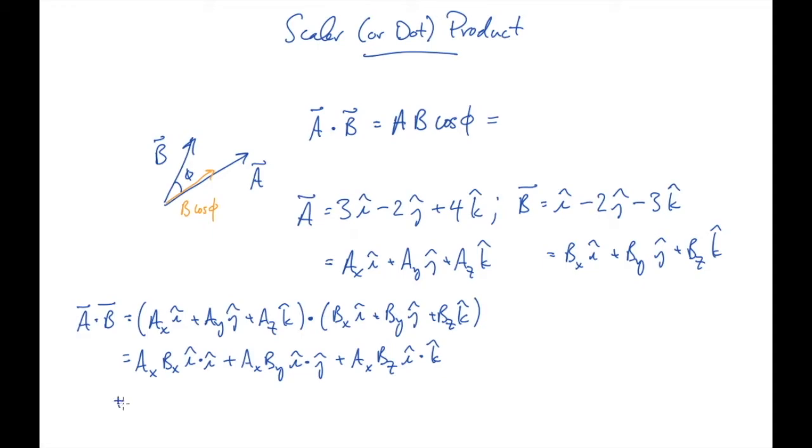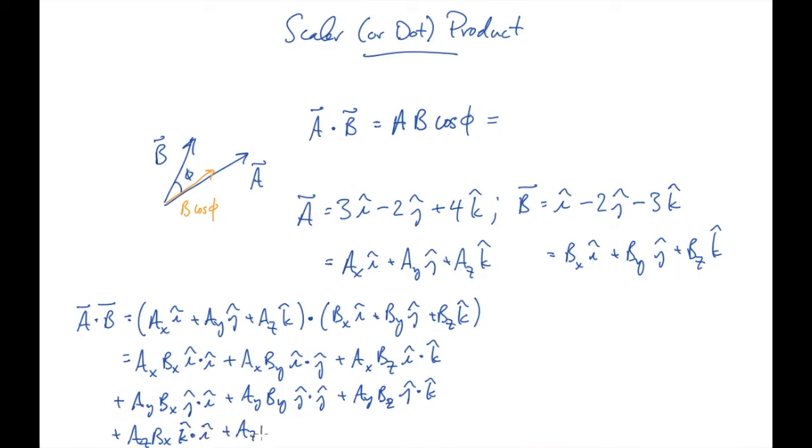Okay, then we'll have 6 more. Let me go ahead and write them. ay bx j hat dot i hat plus ay by j hat dot j hat plus ay bz j hat dot k hat plus az bx k hat dot i hat plus az by k hat dot j hat plus az bz k hat dot k hat.